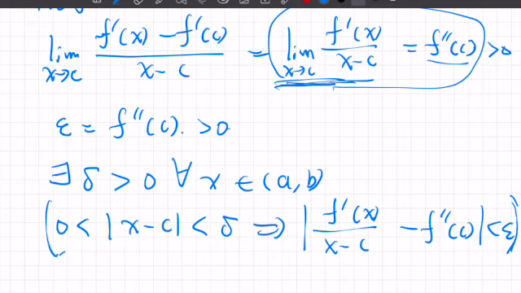Okay, so this is the definition of limit, right? So the limit of this is equal to this means this by definition.